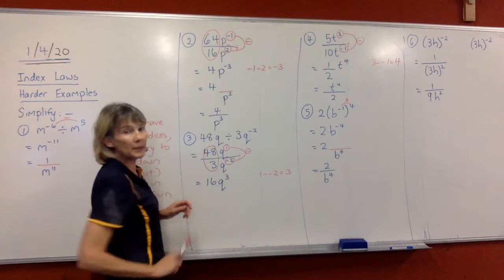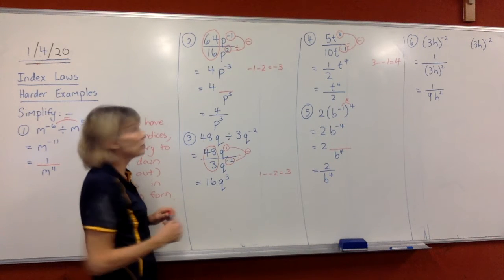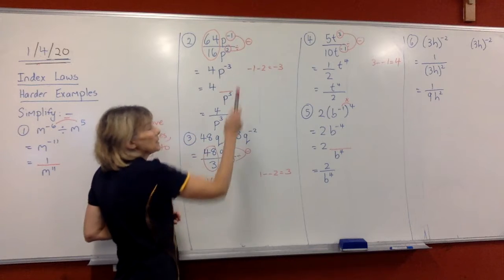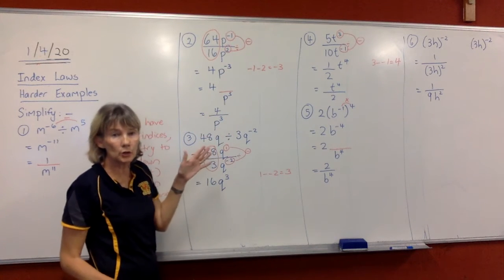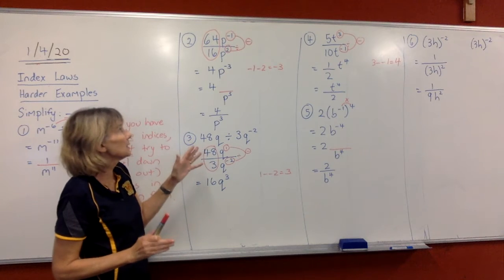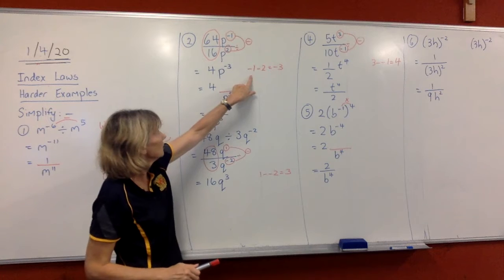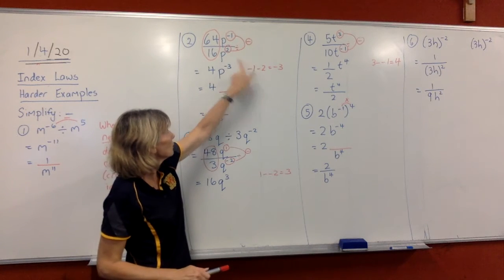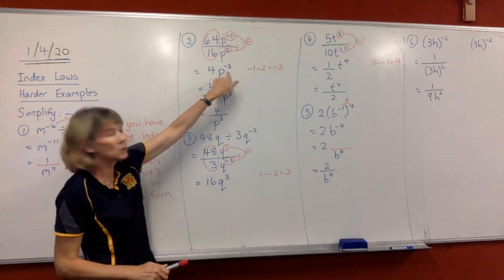The fraction bar means divided by, so we are doing our index rules with division, which is subtract your indices. Over here I've written down exactly what we're subtracting. I suggest you do the same because it's really easy to get mixed up with all the negatives. So it says minus 1 minus 2, and if you put that in your calculator, you'll get minus 3.